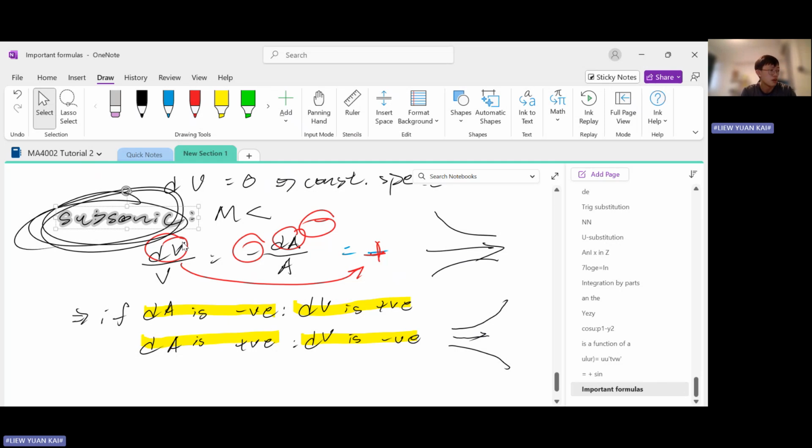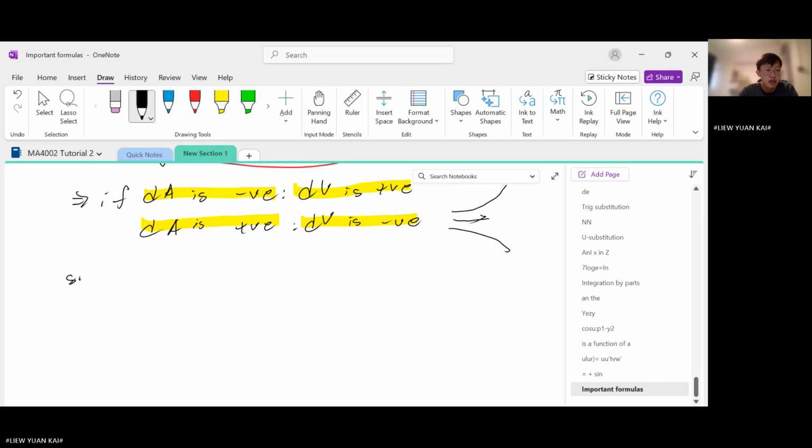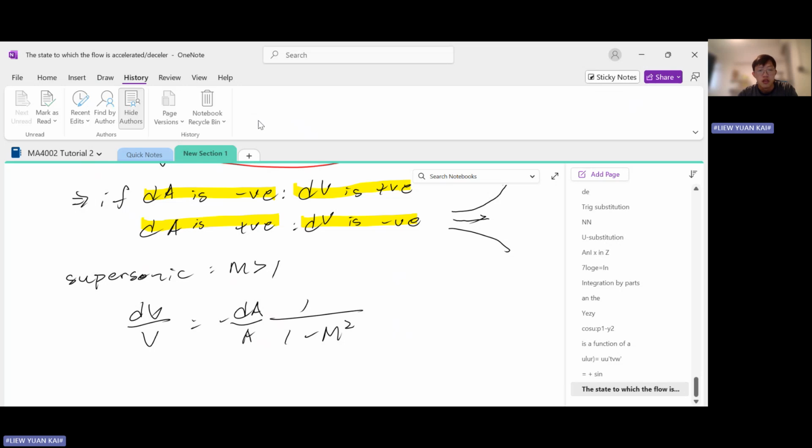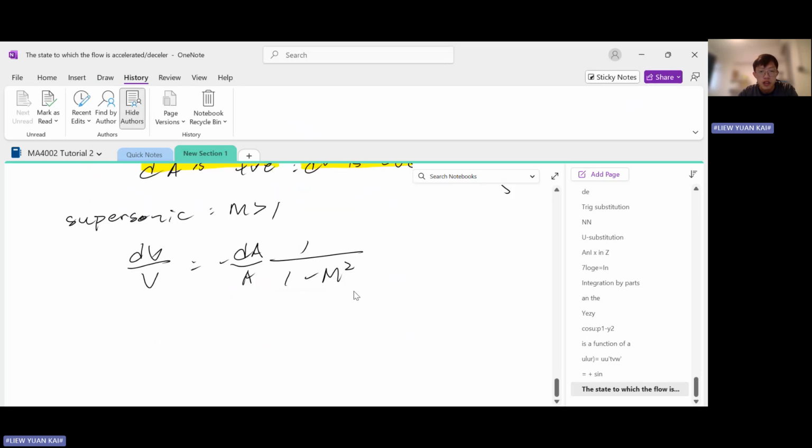But what about supersonic flow? Okay, so this is a different story. When M is greater than 1, this M squared will also be greater than 1, right?